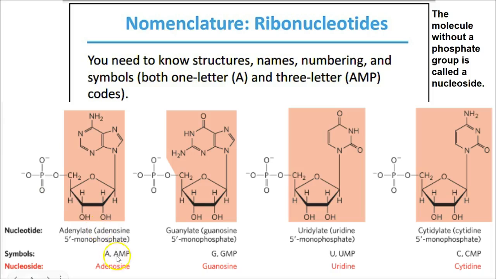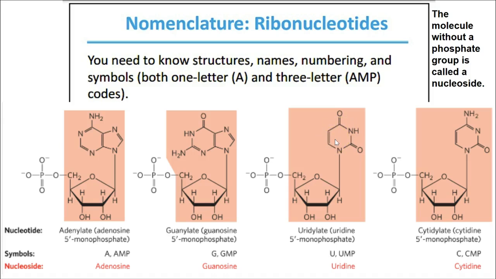And the A is correlated to the actual name of the base. With a ribonucleotide, once again on that second carbon of the carbohydrate, you have a hydroxyl group. And so on and so forth for the rest of the bases, and note that there is no thymine base here because this is for RNA, and so that is where you have the uracil type of base.